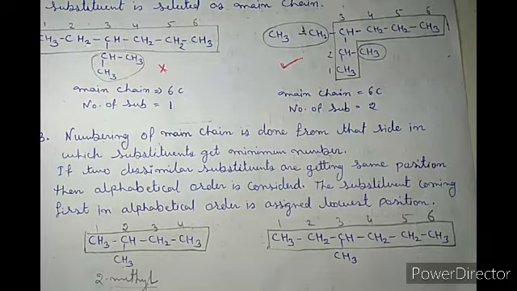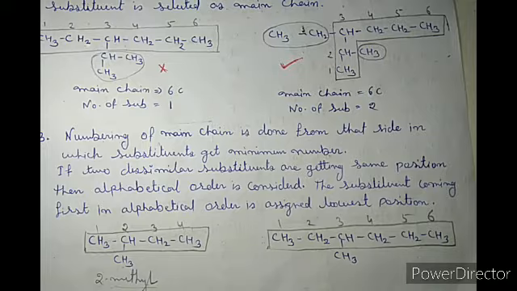Now there is a rule of numbering: the numbering of the main chain is done from that side. A chain has two sides. Which side will we consider? It is based on the substituent.